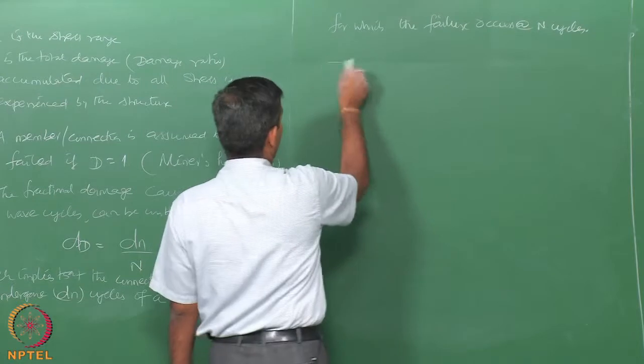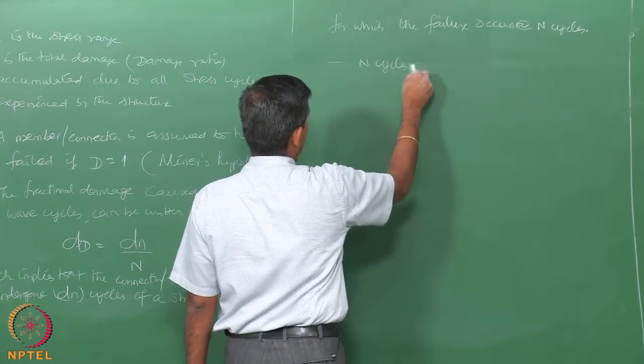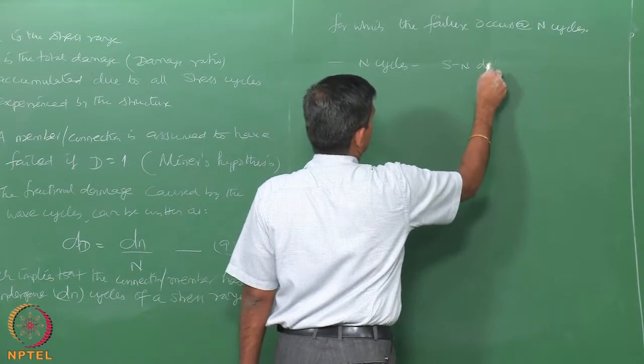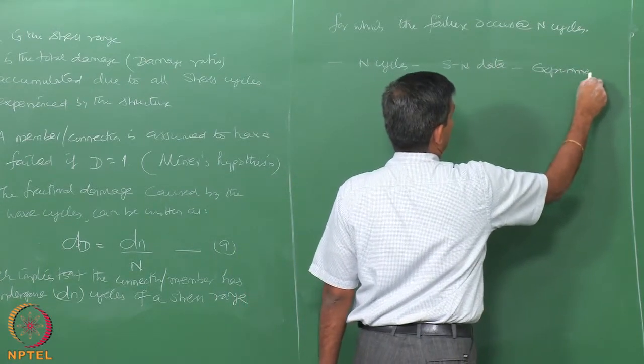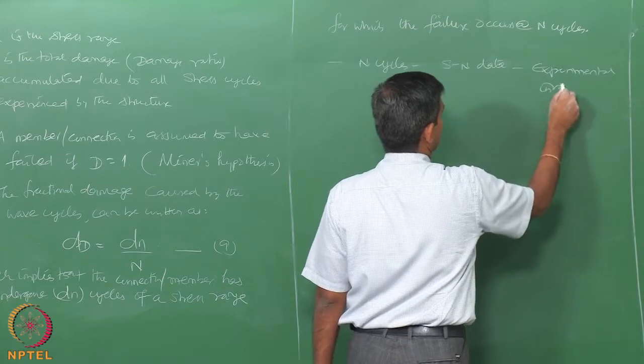So, this N cycle failure is pertaining to SN data, which is prepared based on some experimental investigations.